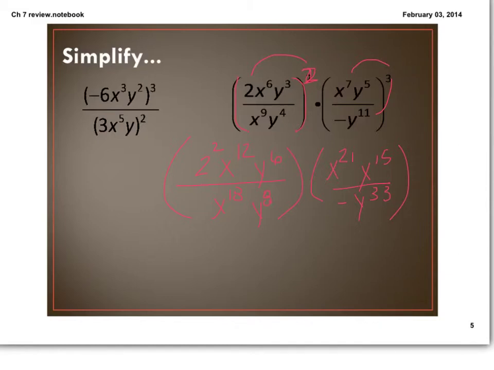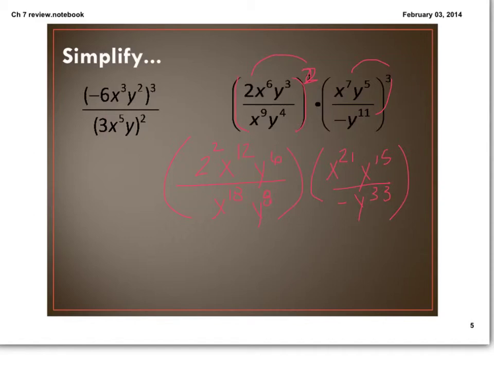So now I can clean up within the fraction again and then multiply. We can divide and clean up this fraction and clean up this fraction and then multiply the two together. Or you could multiply the numerators all together first and the denominators together second, and then clean up and reduce that fraction. Either way doesn't matter.